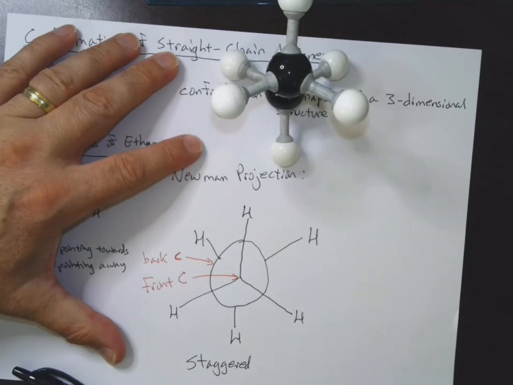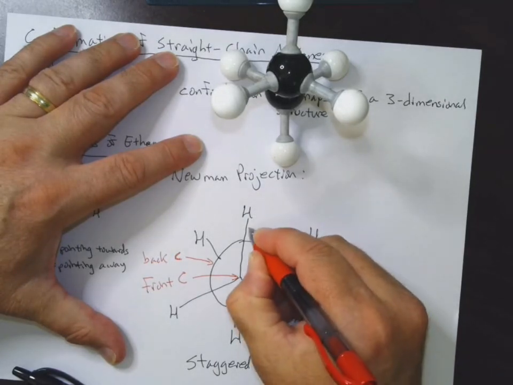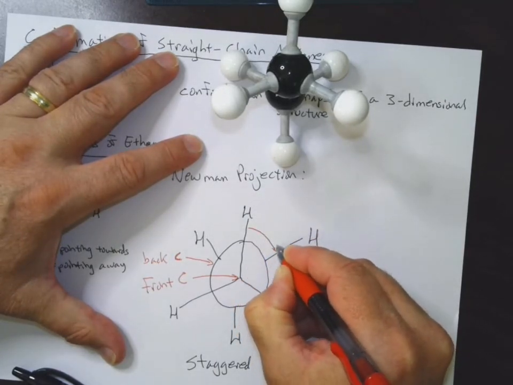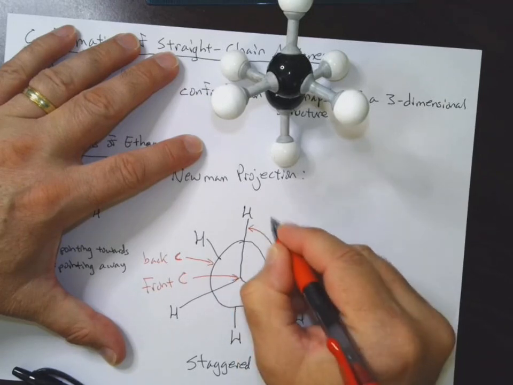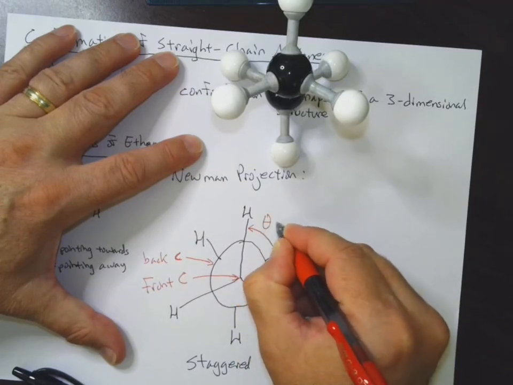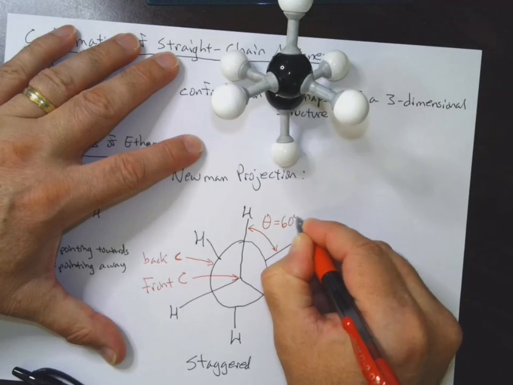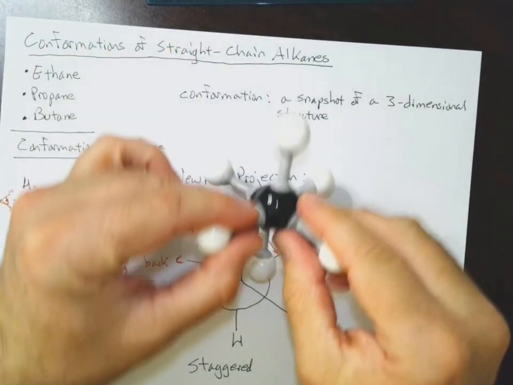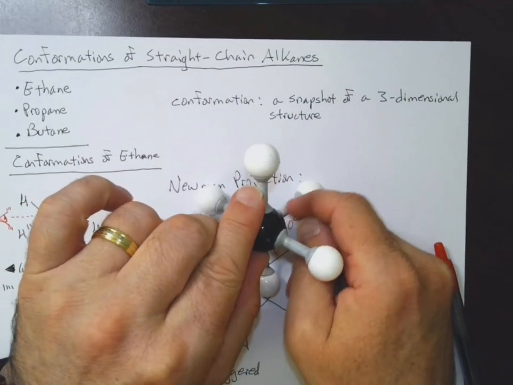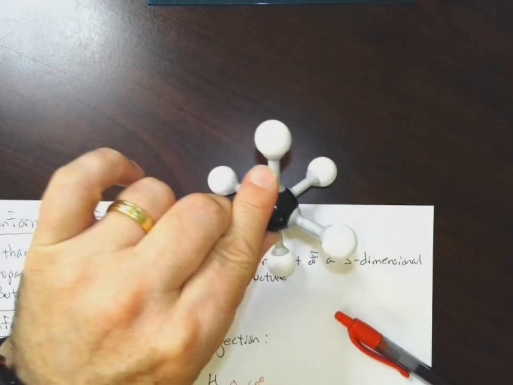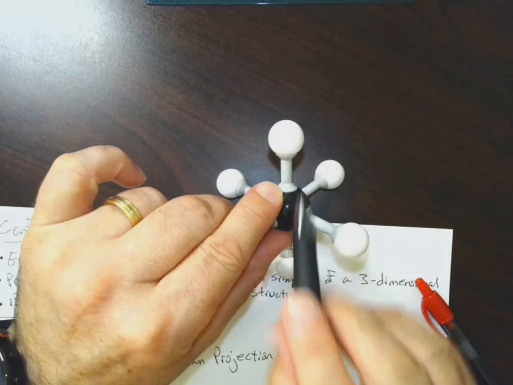And in the staggered conformation, I have an angle here, theta, which equals 60 degrees. Okay, and I can see that. I've got my gray bonds here. Let me put it on the dark background, a little easier to see.